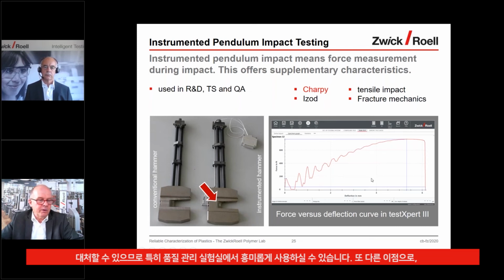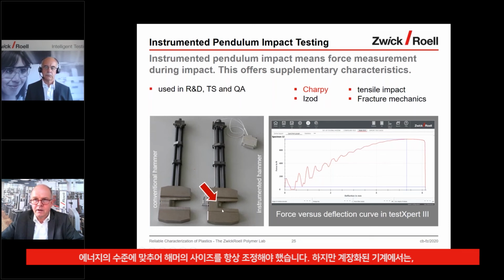Another advantage is you don't need to change the hammer so often. In a conventional impact tester, you always have to adapt the hammer size to the level of energy you want to measure. While here in an instrumented machine, you can use the biggest hammer possible.